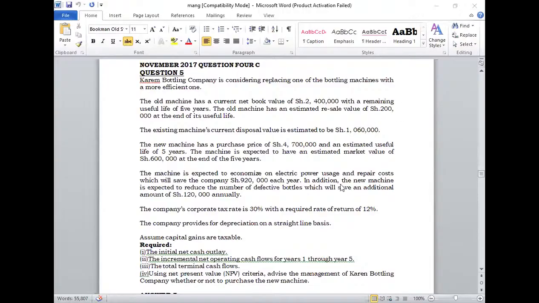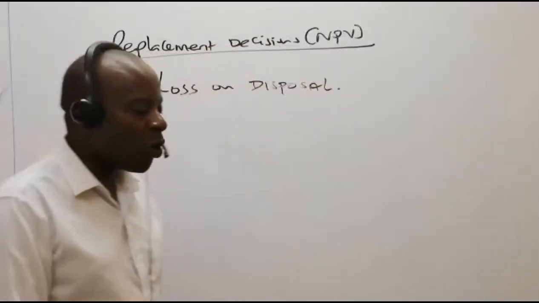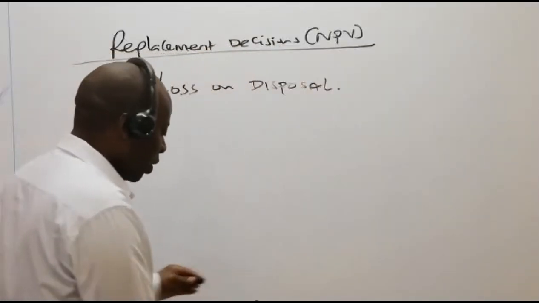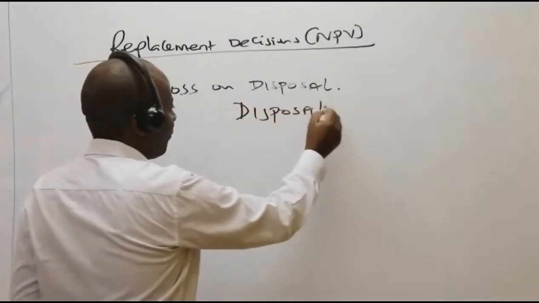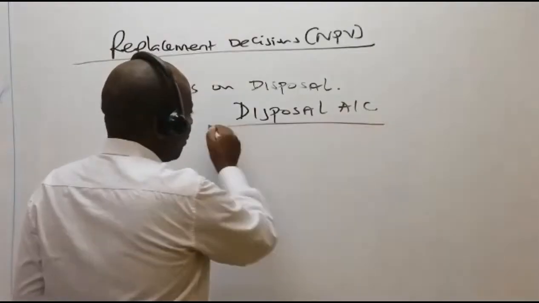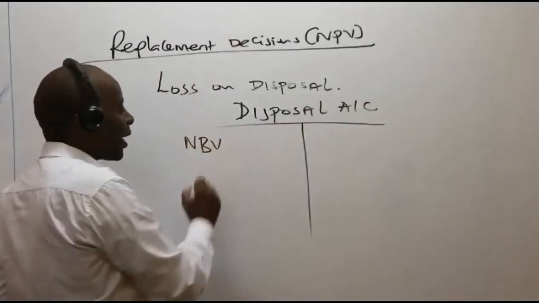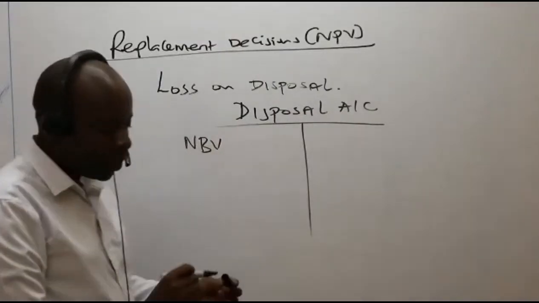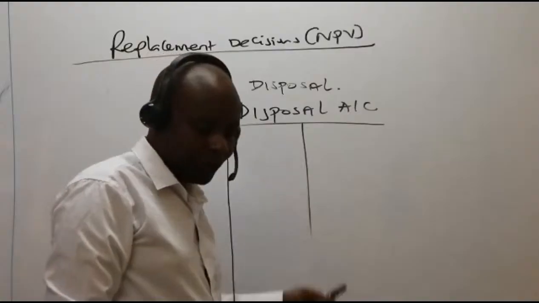So ladies and gentlemen, listen. Remember, in financial accounting, for you to get that loss on disposal, you would have done a disposals account. This is how you do it in CPA financial accounting. You start by debiting the disposals account with the net book value of this particular machine.